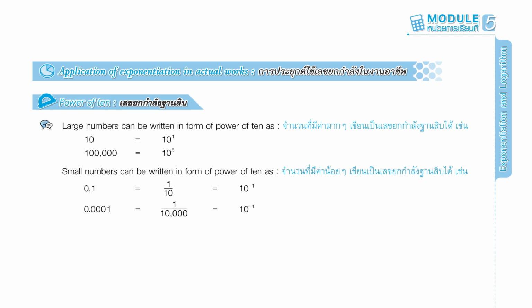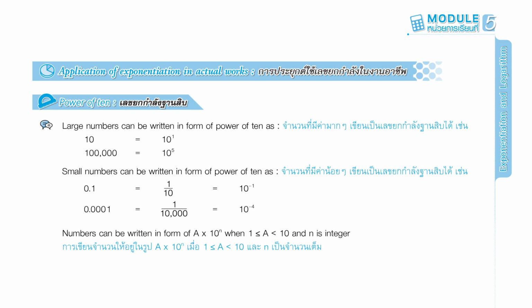Small numbers can be written in the form of powers of 10: 0.1 equals 1 over 10 equals 10 to the negative 1 power. 0.0001 equals 1 over 10,000 equals 10 to the negative 4 power. Numbers can be written in the form a times 10 to the n, where 1 is less than or equal to a, less than 10, and n is an integer.